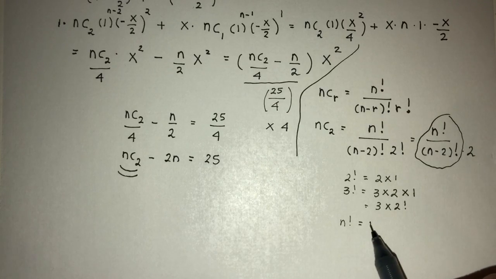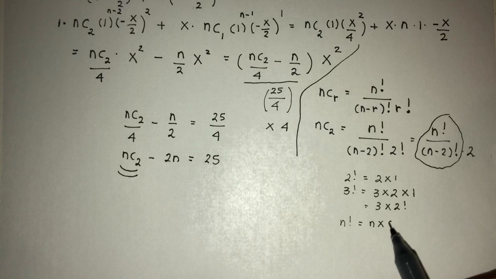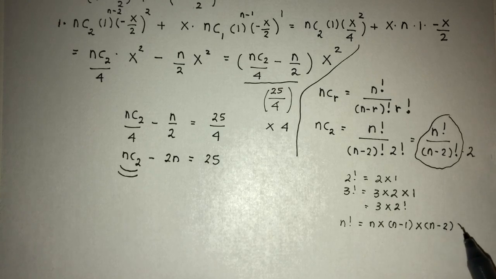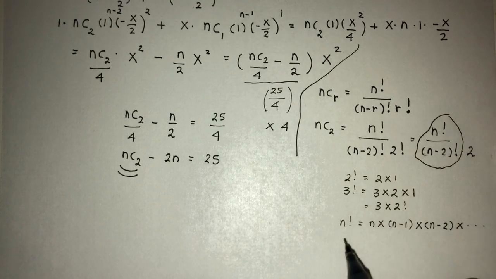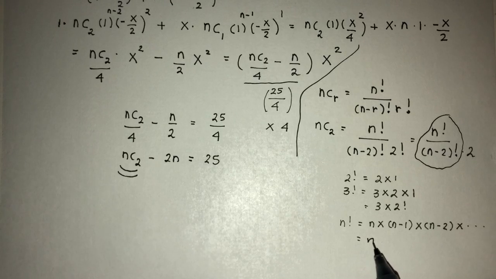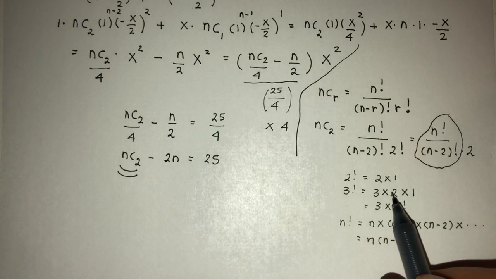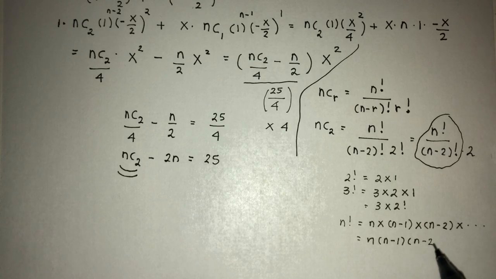It is n times n minus 1 times n minus 2 times, keep going on, right? But I can also write this as n times n minus 1, but instead of keeping to write the rest, as you can see here, I don't want to write the rest, I can just write n minus 2 factorial.